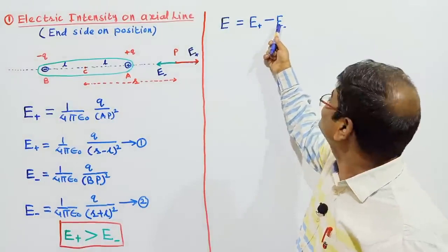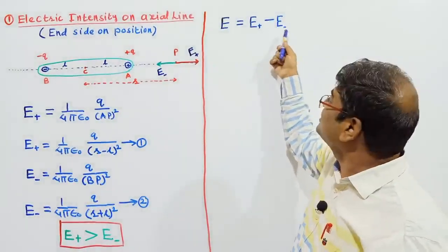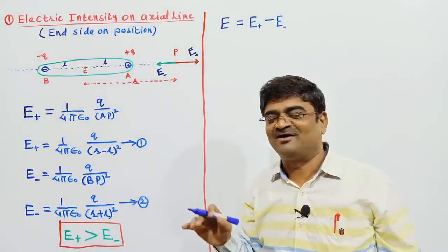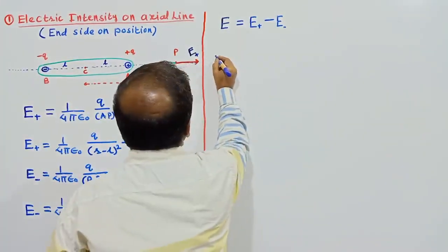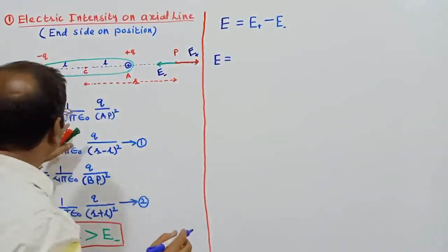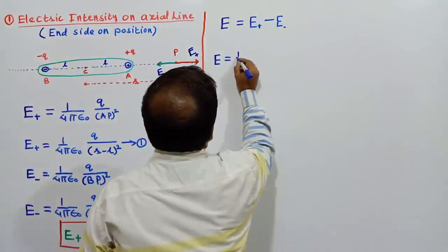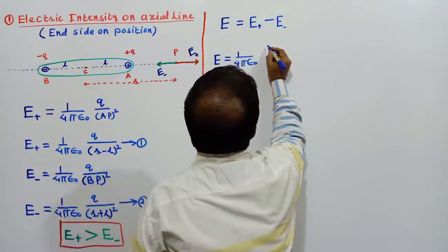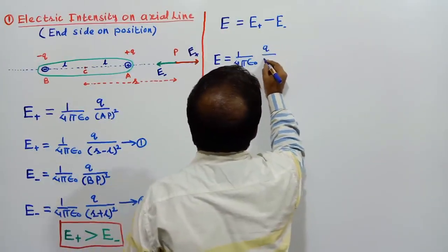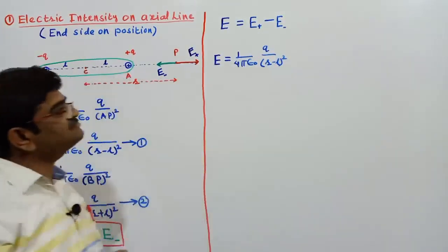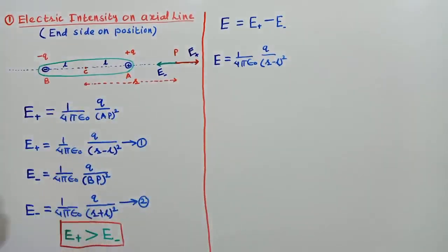Okay, so I mean this is a subscript. This is not a minus for this. Minus minus plus, no. So you will have to just substitute the values. Leave that part. Okay. So I get then E equals, how much is E plus? I have got already 1 upon 4 pi epsilon 0 Q divided by R minus L whole square. The value of E plus from equation 1 I am substituting.